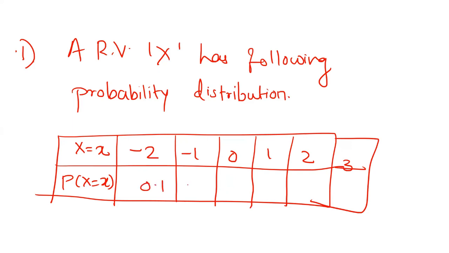So x is a discrete random variable, and this is the table with the corresponding probability for every value of the random variable.